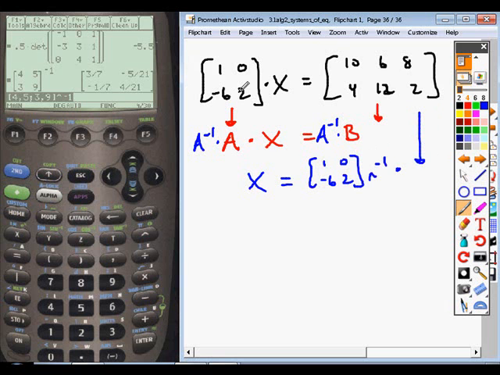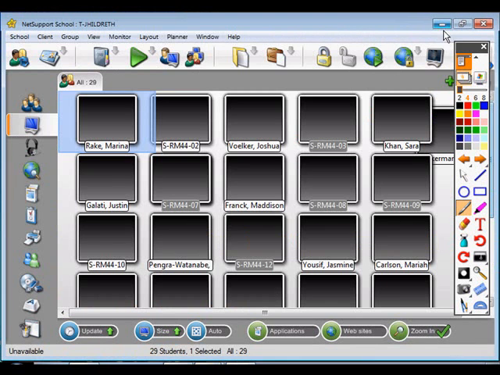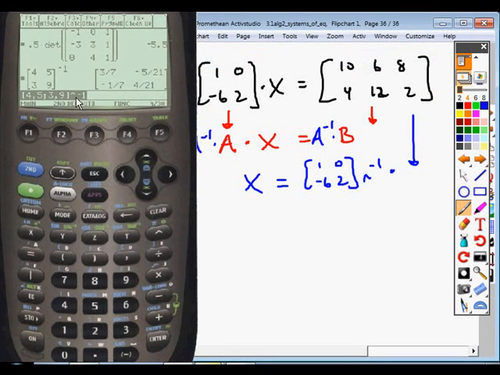So if we take the inverse first, set up our matrix. In our brackets, 1, 0, semicolon to get to the next row, 6, 2, close the brackets, all to the power of -1.